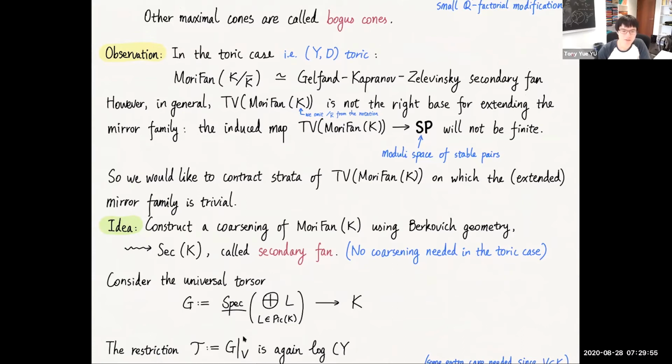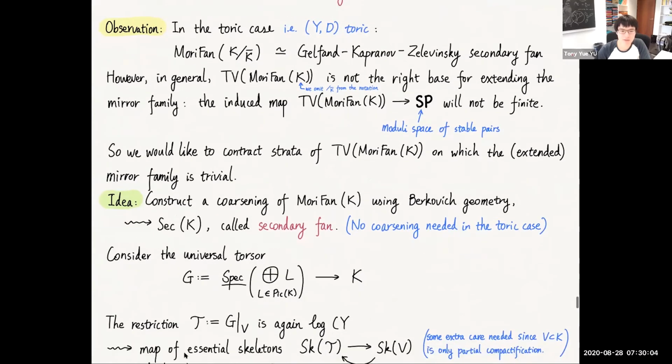Then we have a log Calabi-Yau variety T mapping to a log Calabi-Yau variety V. And this gives a map of essential skeletons between these two log Calabi-Yau varieties.